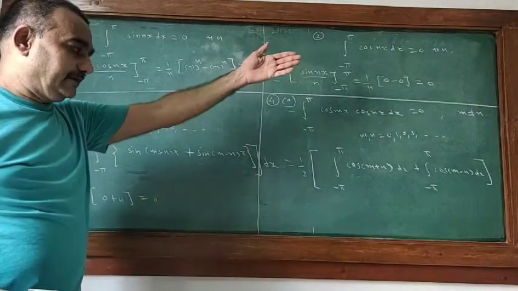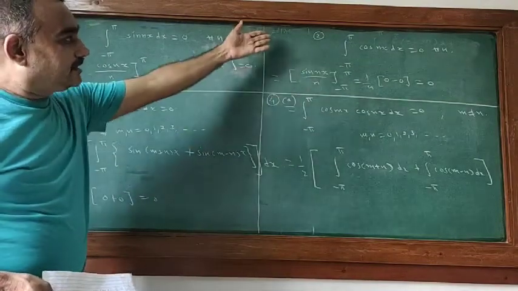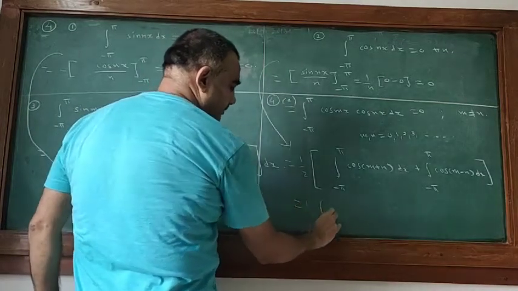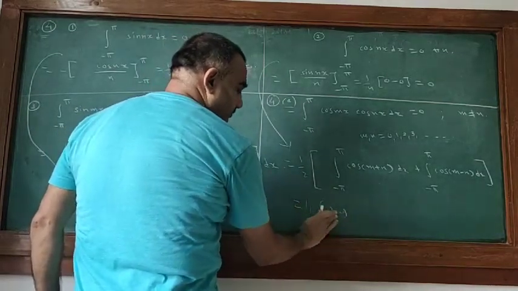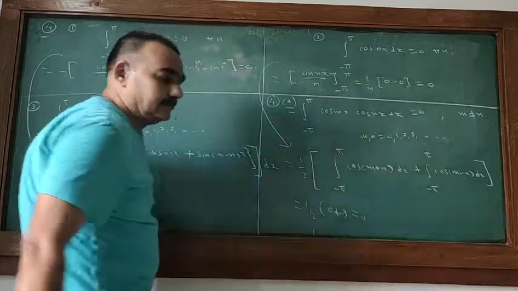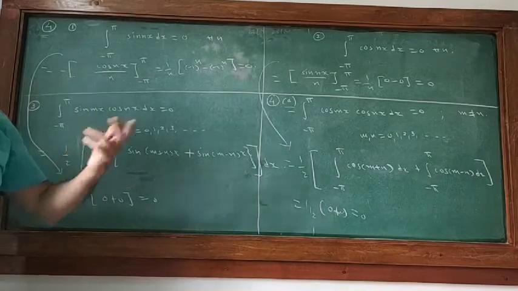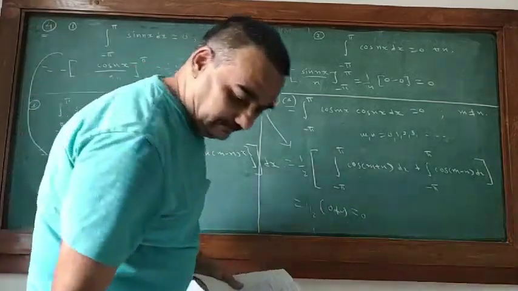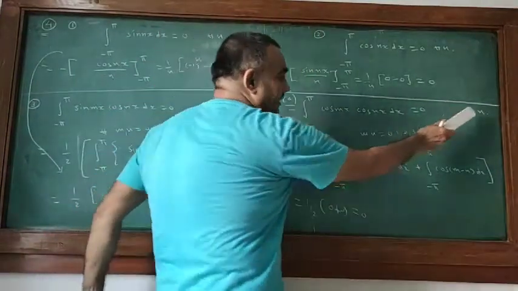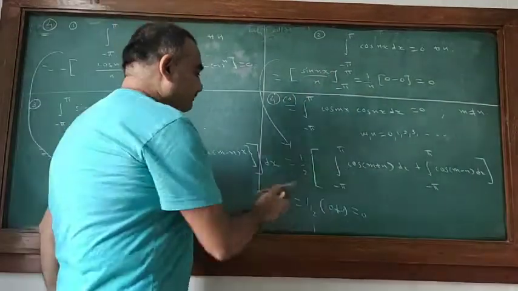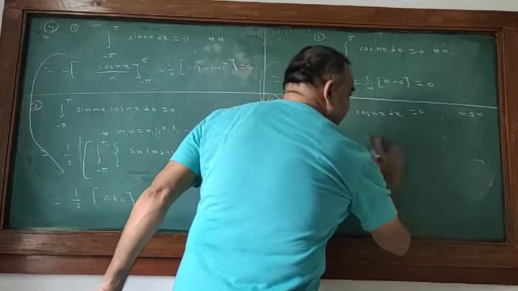M and N are different, and as per this formula, both of these are 0 plus 0, and therefore this is okay. And one thing more: here is the case in which M and N are different. What happens when M and N are the same? So I can add this value here.